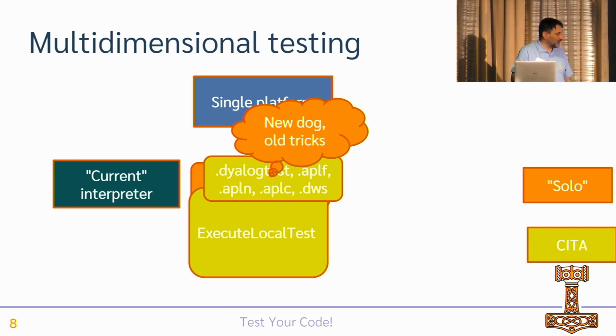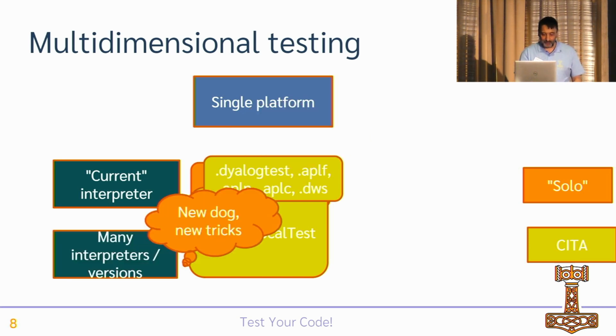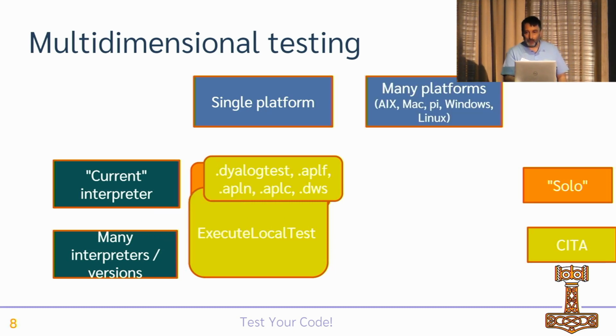And this is done using the function execute local test, which enables you to test your code against many interpreters or versions on your local machine. But you can also expand this and run tests on a variety of platforms. The goal of the project was to cover all of the platforms mentioned here, which are the ones that Dyalog is supposed to support.